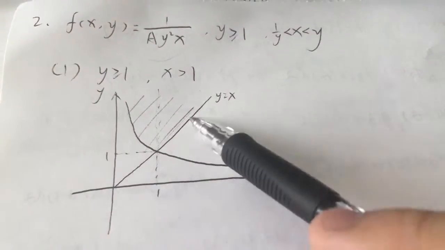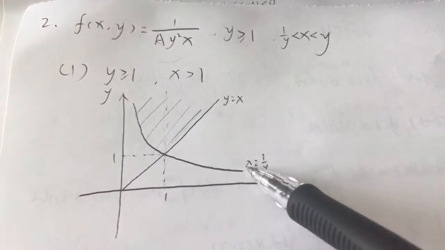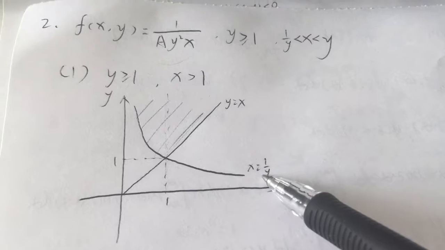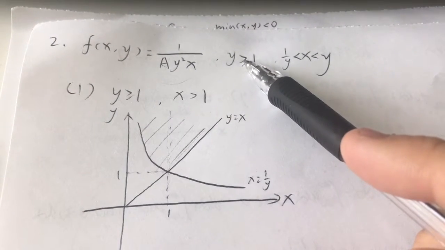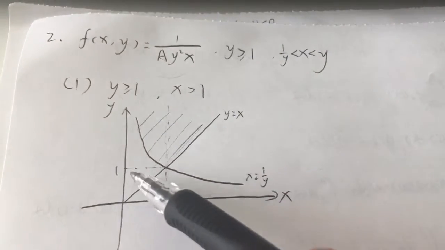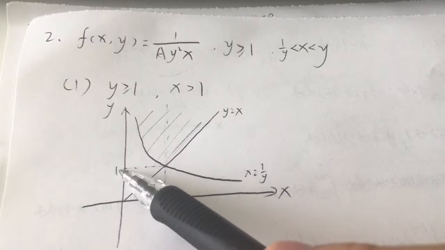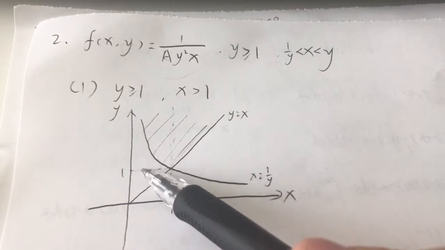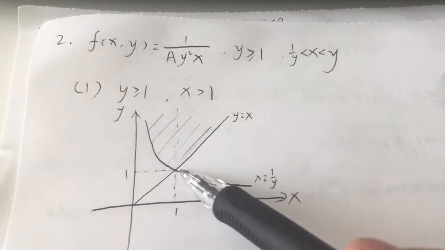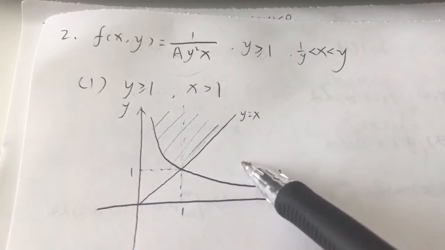This line means y equals x, and this line is y equals 1 divided by x. For y no less than 1, it means that the value of y should be above the line at y equals 1. So it's like this form.